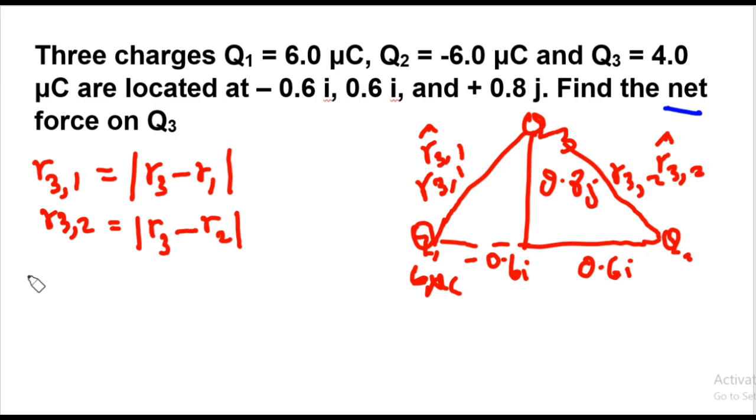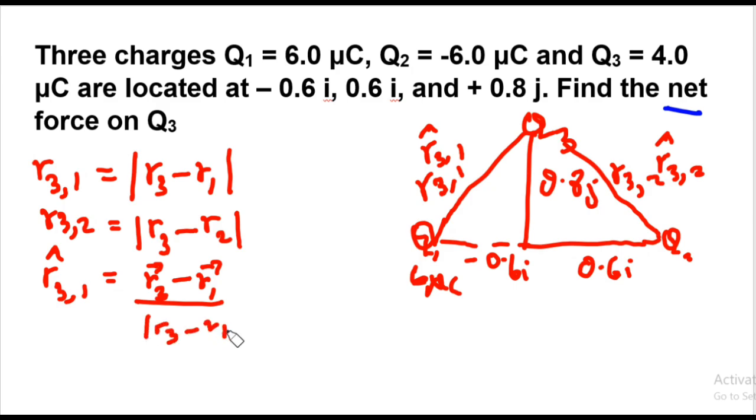And to find the unit vector in this direction, we have R31 hat equals the vector R3 minus R1 upon the magnitude of R3 minus R1.